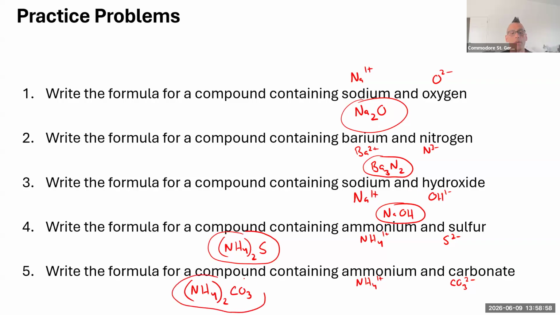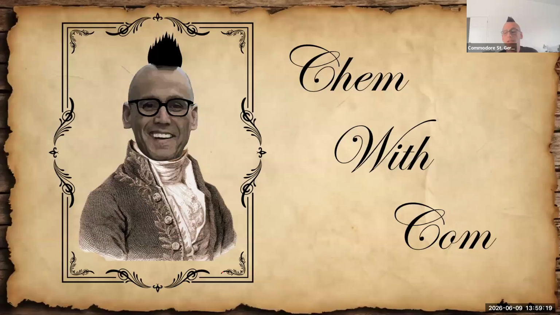And this is the compound containing ammonium and carbonate. But that's a neutral compound. Remember, we're always trying to make neutral compounds. So we have to add ions or polyatomic ions to make sure that all the charges add up to 0. All right. That's it. Thank you very much, and I will catch you next time.